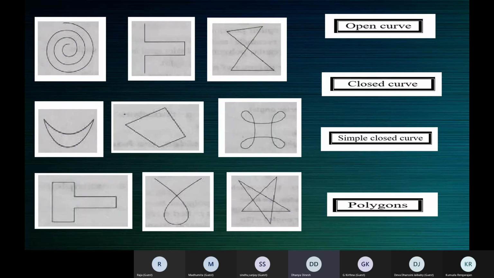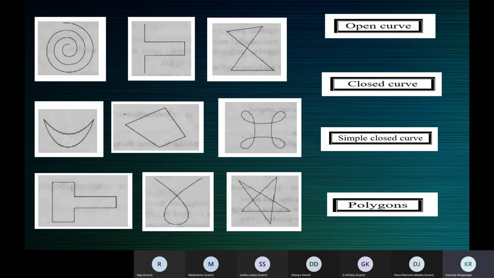How many sides does the polygon have? Seven sides, ma'am. Let's just check it once again. Ma'am, 8 sides, ma'am. Sorry, ma'am. 8 sides. Yeah, that's okay.